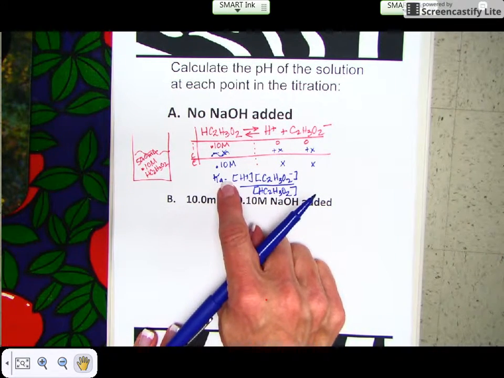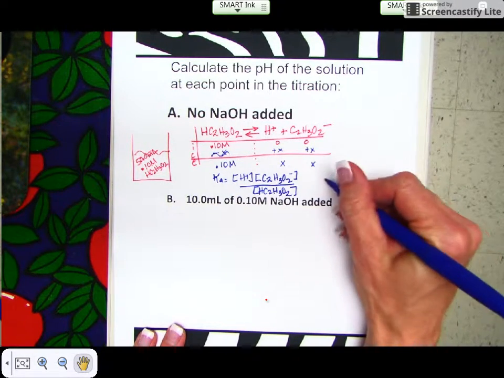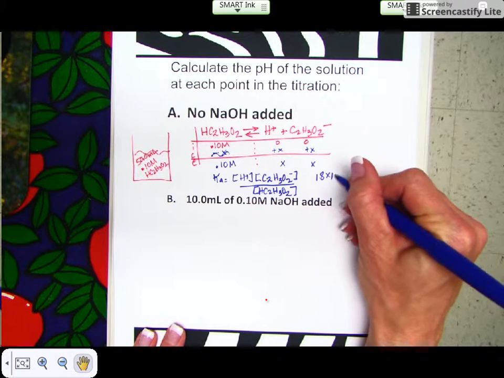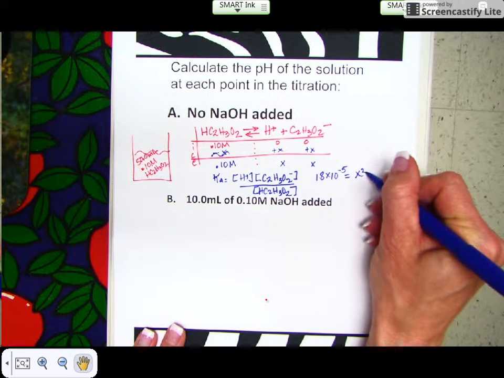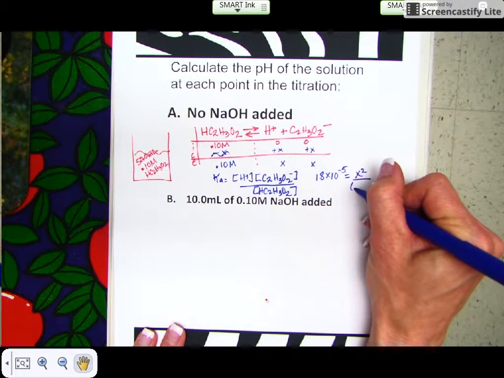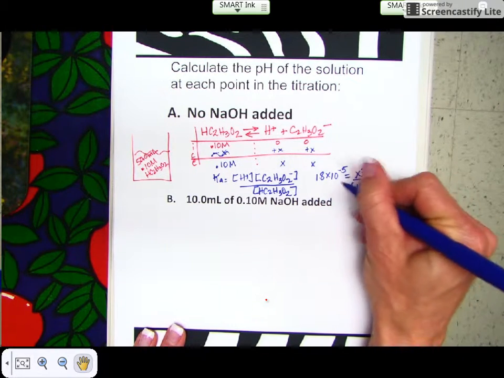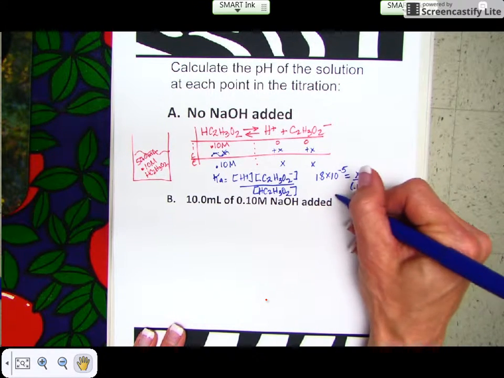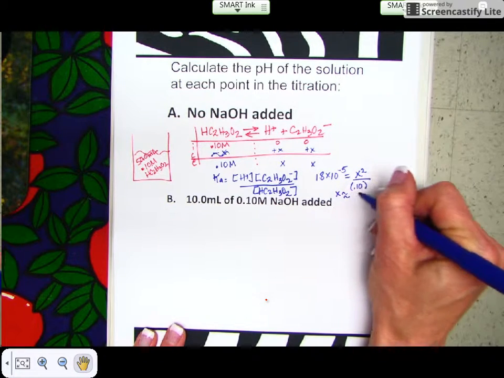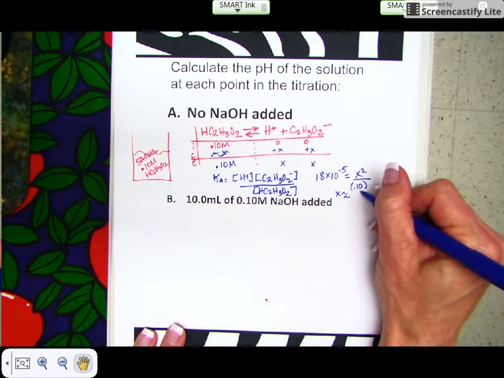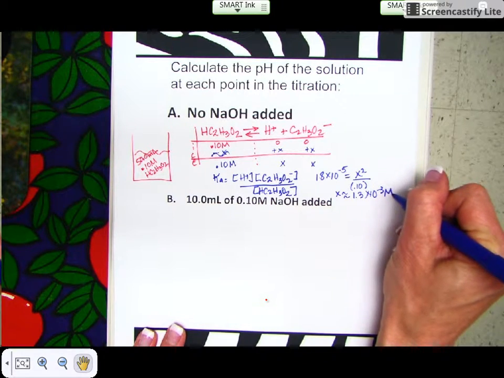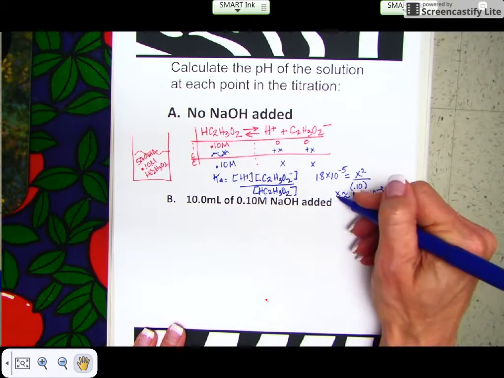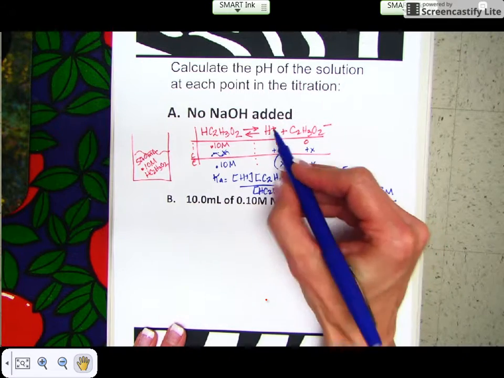So we're going to plug in our values here. We were told in the previous part of the notes that the Ka was 1.8 times 10 to the negative 5th. So that's going to be equal to x squared over 0.10. And when you cross multiply and then take the square root, you get x equal to 1.3 times 10 to the negative 3 molar. Now remember, in this case, x represents our hydrogen ion.